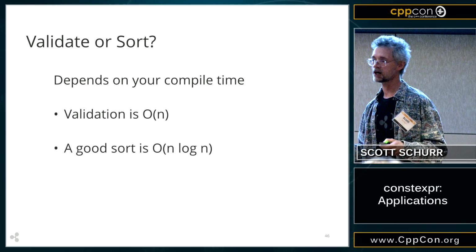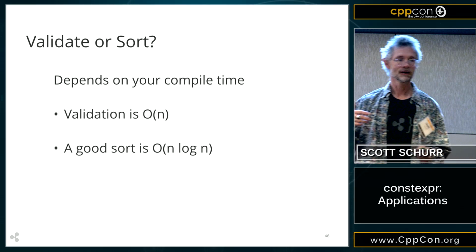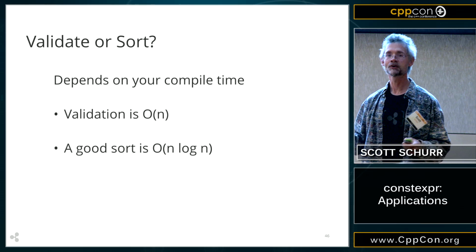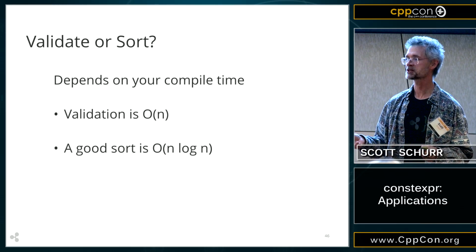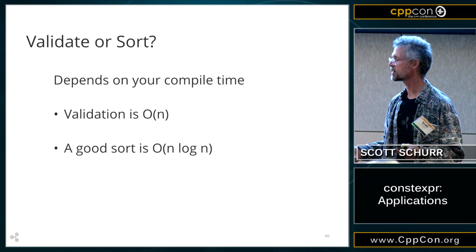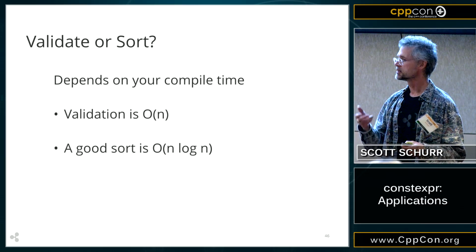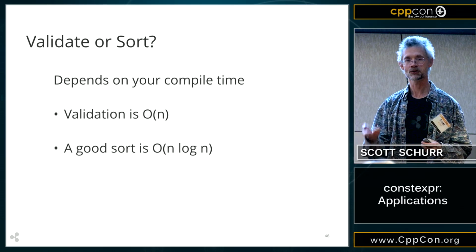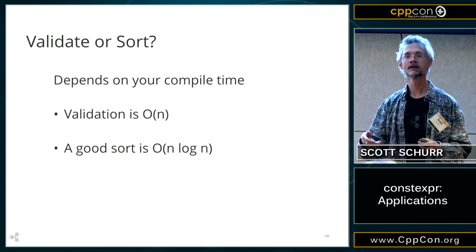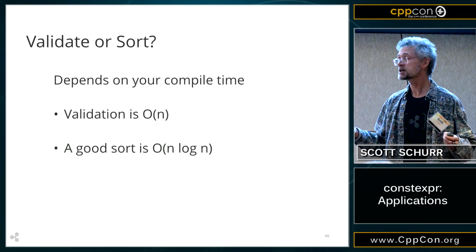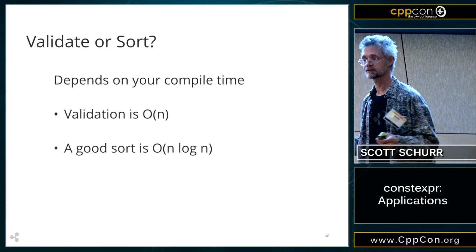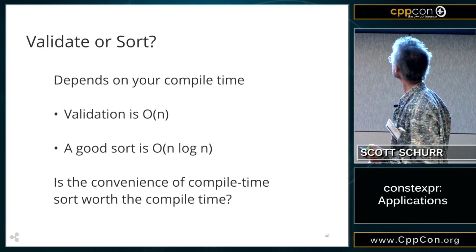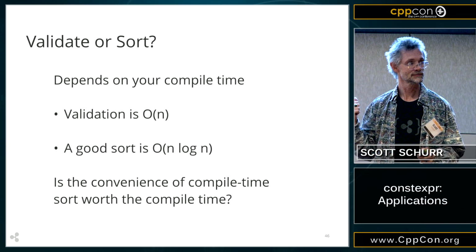There are also limits on the amount of code that your C++ interpreter will allow you to compile to determine one value. So if you insist on having the compiler do the sort, you'll run out of headroom sooner than if you just do the validation. But it's up to you. You can make your choice, which is a nice position to be in. So, your call.